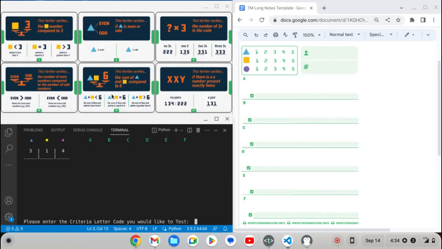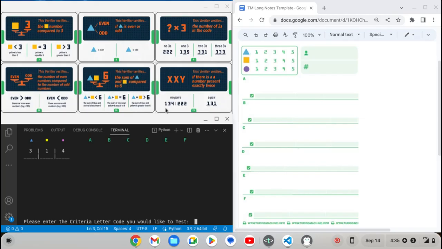So should there be more even than odds, or should there be less even than odds? Criteria card E will look at our first 2 digits, triangle and square, add them up, and compare it to the number 6. So should the sum be less than 6? Should it be equal to 6? Or should the sum be greater than 6? And finally, criteria card F will again look at our 3-digit solution, but this time it will let us know whether there's a pair, as in the example 131, or alternatively no pairs, but there are 2 scenarios.